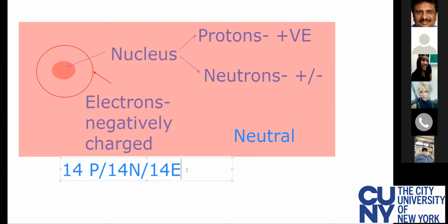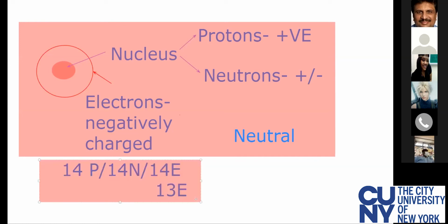Now let's consider a situation where this particular atom loses one electron. So let's say from 14, this atom became 13 electrons. There are 14 protons and 13 electrons, so a positive charge is more on this atom. Because of the loss of an electron, the net charge on this atom is positive.